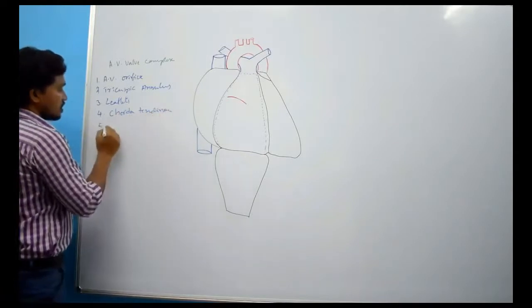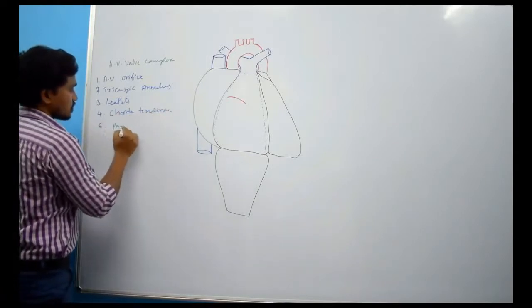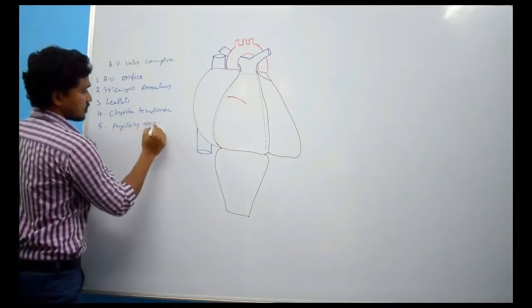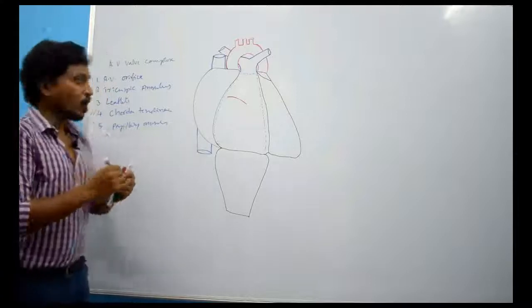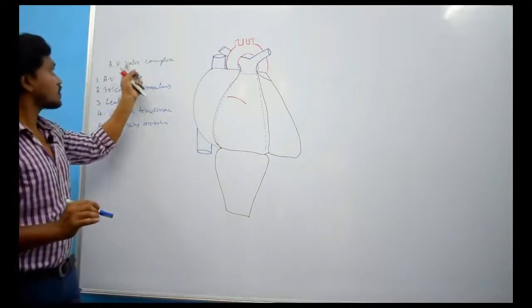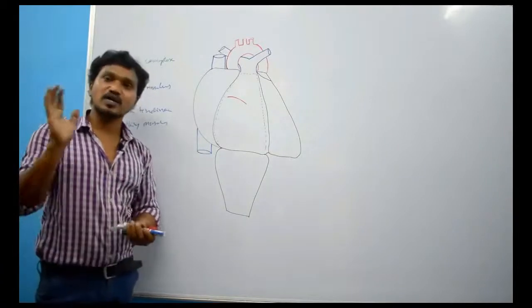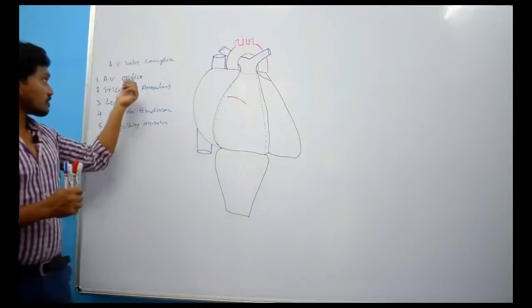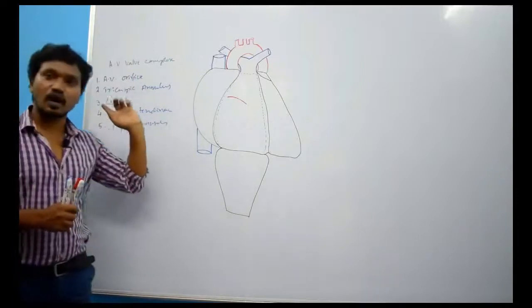Then papillary muscles. So all these structures together we call the atrioventricular valve complex or tricuspid valve complex. Right? First we will take the atrioventricular orifice.